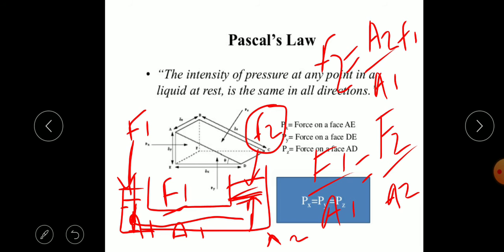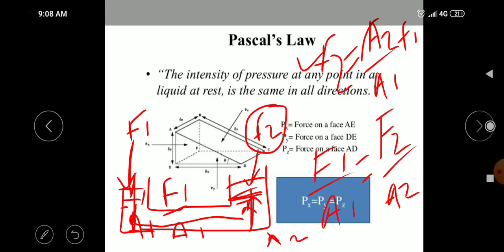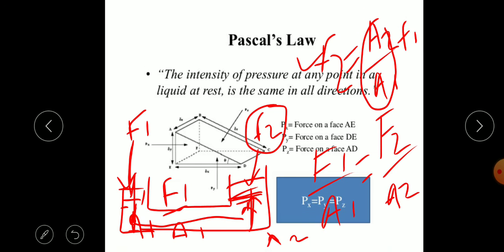That means a smaller force F1 applied on the small cylinder can be converted into a larger force at the bigger cylinder. As we can see, F2 will be more because the ratio A2 by A1 is the larger one.